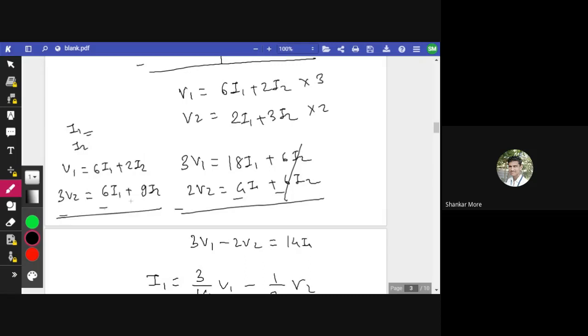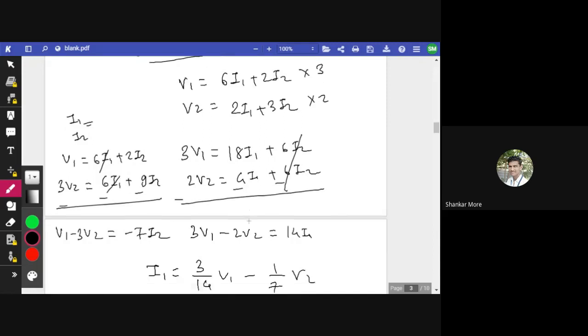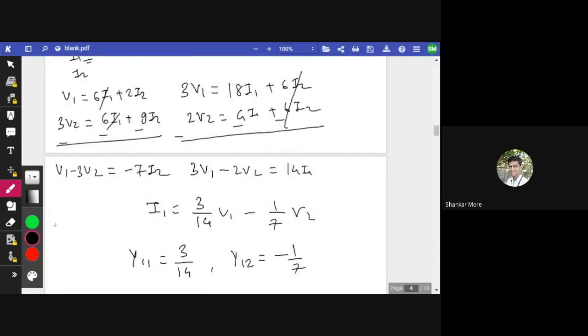After subtraction, sign gets changed. 6 I1 gets cancelled. V1 minus 3 V2 is equals to minus 7 I2. All right. So I2 will be equal to minus 1 by 7 V1 plus 3 by 7 V2.